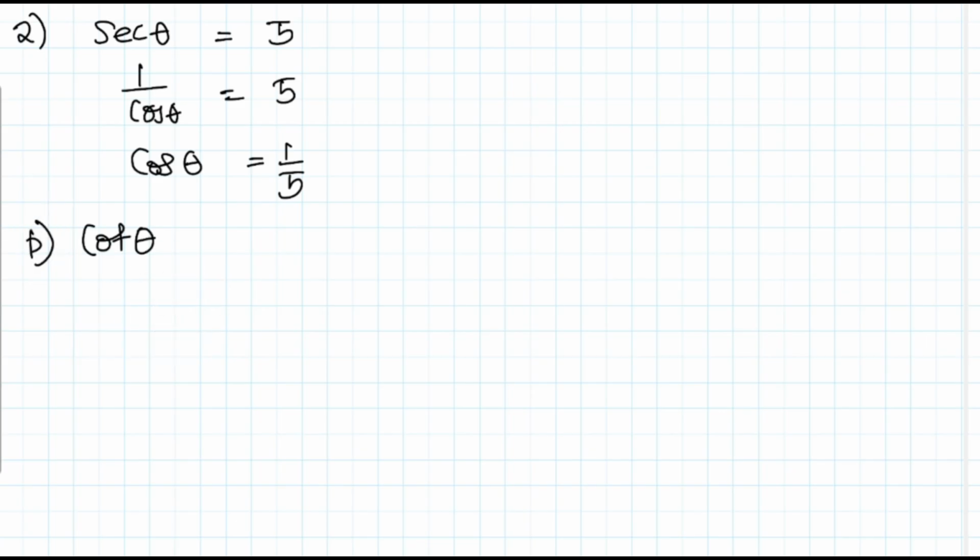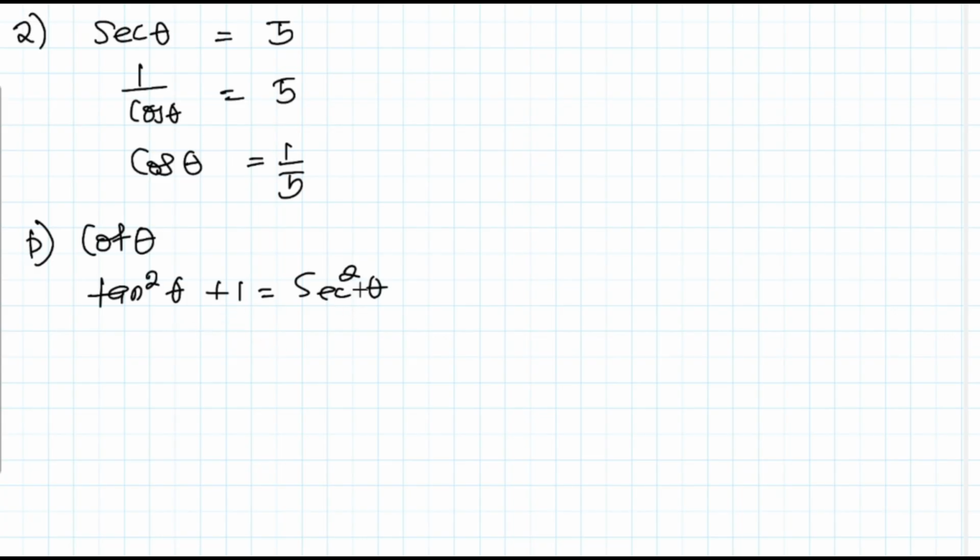Let's use the one from tan. Tan square theta plus 1 equals sec square theta. So tan square theta will be 1 over cot square theta, but let's just leave it like that.